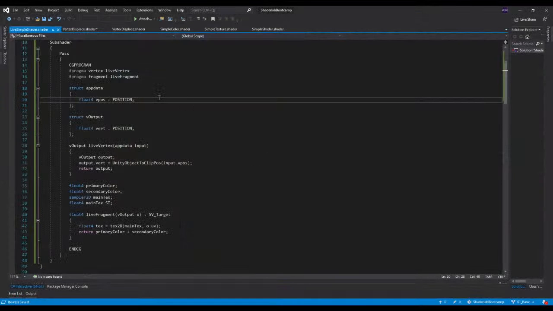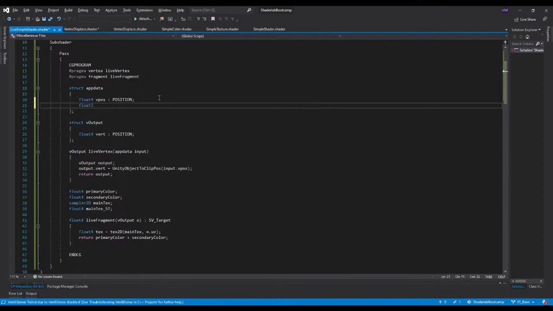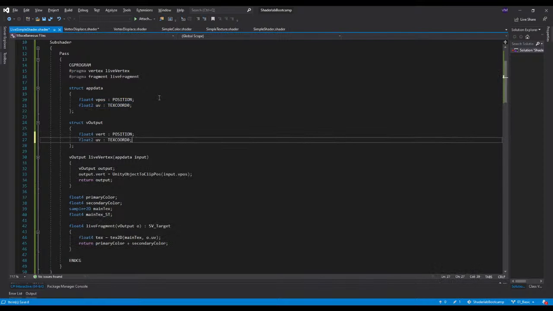So now we are dependent on the UVs of that particular object, right? We will say we want float2 uv. I'm just going to go very conventional with this standard. This is the semantic for the UV, TEXCOORD0, because it will give me the texture coordinates.